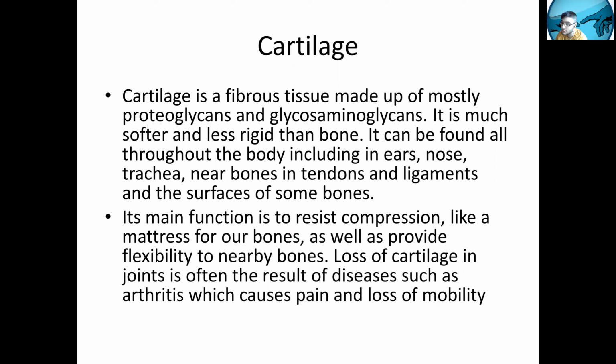So if you were to jump off a very high area or a high surface, you would want to have a mattress or a trampoline or something under that to cushion your fall so you don't break. Same thing with our bones. When you physically jump up and down, you put a lot of pressure and strain on your bones when you land, especially on your legs.